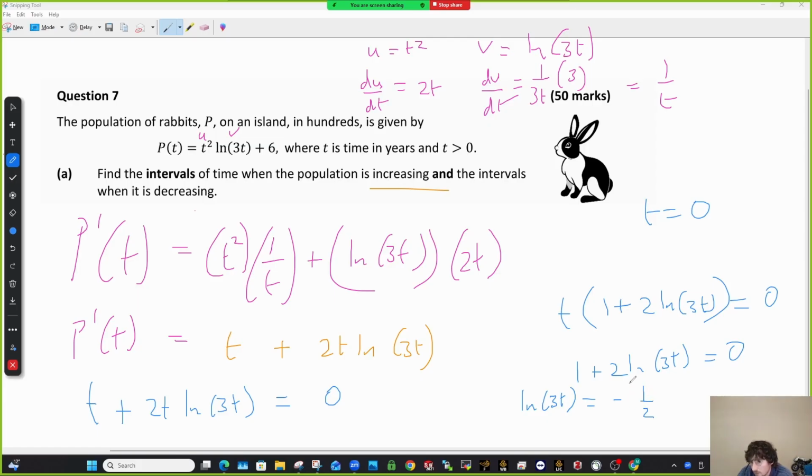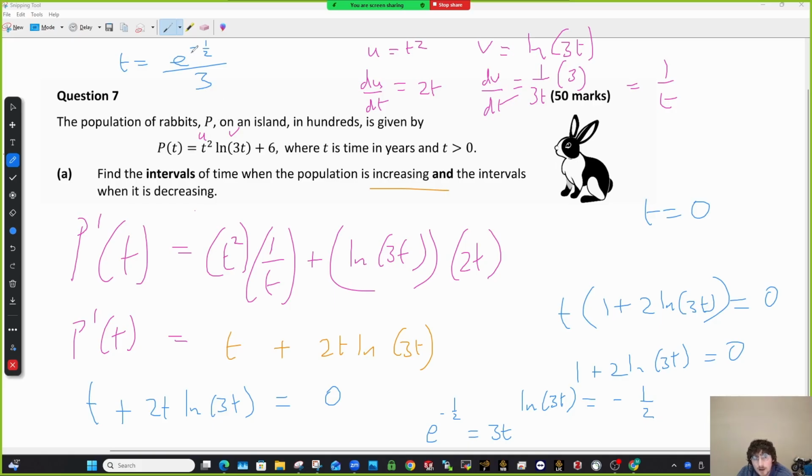The power is always on its own when you're in log form. So then this will be e to the minus a half equals 3t when you reverse out of the log. If that doesn't make sense, go have a look at the log chapter and how to move into logs and out of it. So then t here will equal e to the minus a half over 3. Now there's a neat way you can write that.